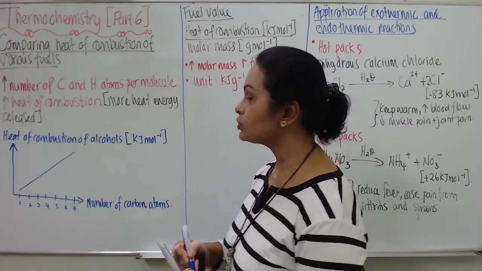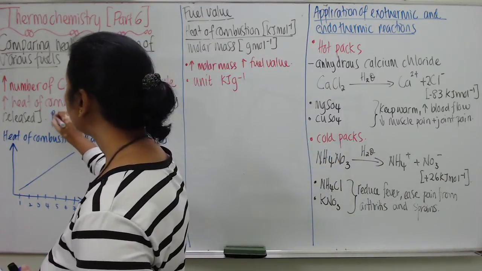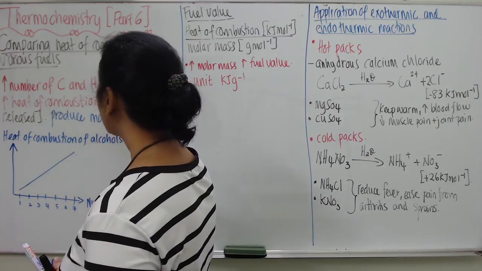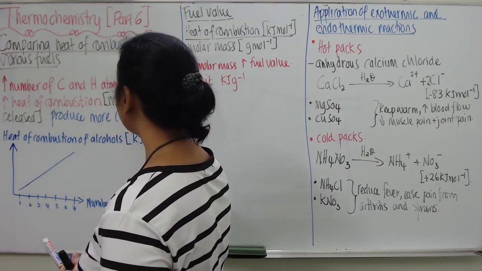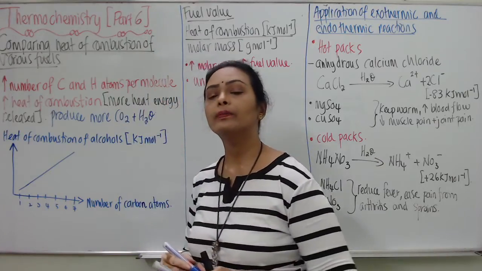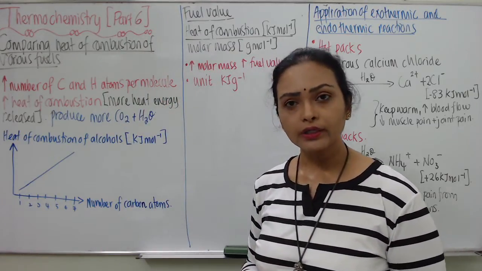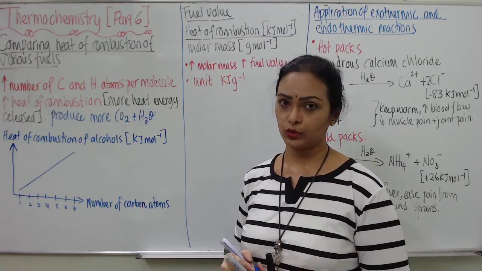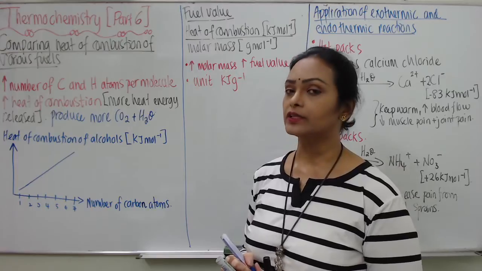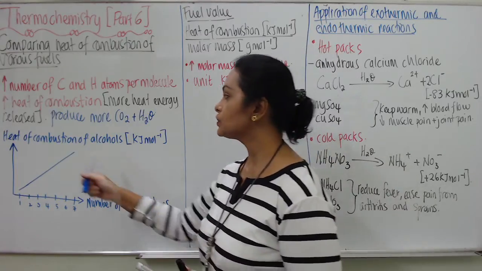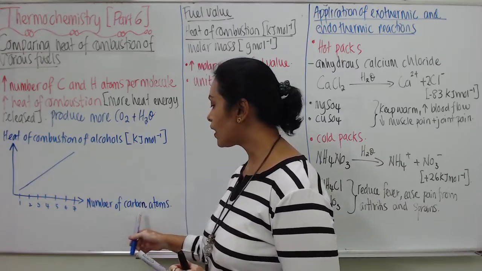This is because we will produce more carbon dioxide and water molecules. So more heat will be released in order to form carbon dioxide and water molecules. So that is the reason why heat of combustion increases when the number of carbon atoms increases.